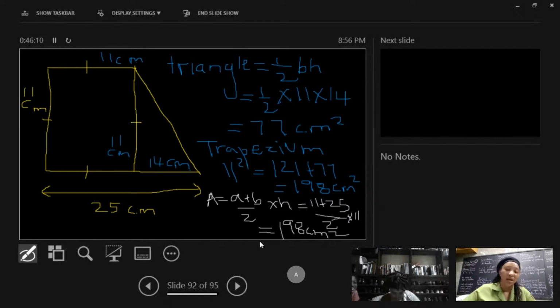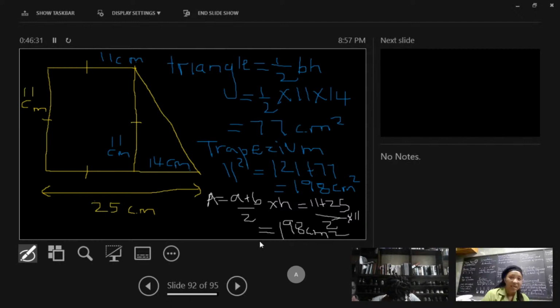To be honest, as you say, the area of the trapezium doesn't get much more difficult than this, really. So you just know your formula: add the two parallel sides, divide by 2, and multiply by the height.